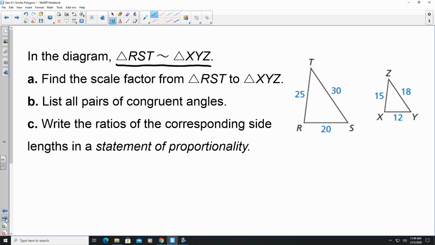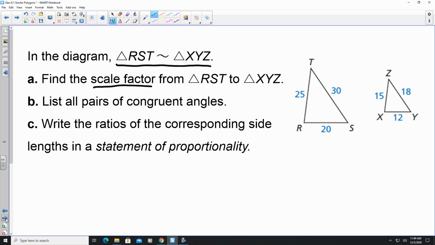The first question that gets asked is they want us to find the scale factor between triangle RST to triangle XYZ. All right, so the first thing you have to realize is how they order this makes a difference in how you determine the scale factor.